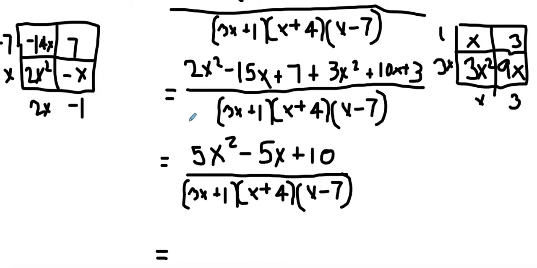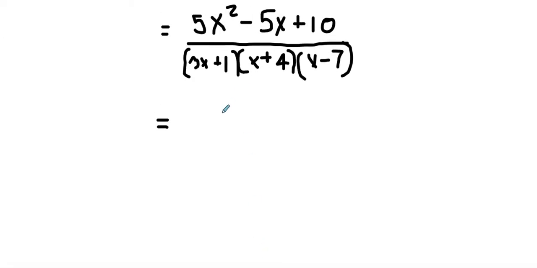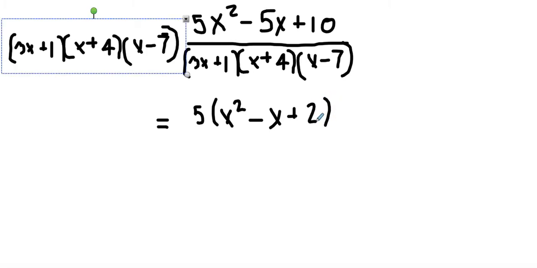So this numerator becomes 5 times x squared minus x plus 2. Here's my denominator.